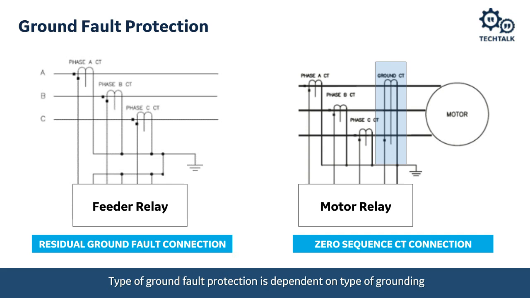So the magnetic flux that is going to be driven into the core of that CT is the vector sum of the three phases. So this is a very accurate way to measure ground fault current. Now, the key difference between these two, which one of these methods we use, will depend heavily on the type of grounding we have.